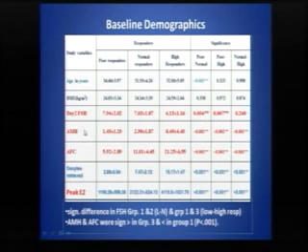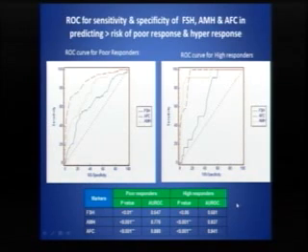The AMH and AFC, both, if you look here, were significantly higher in high responders and significantly lower in the poor responders. So AMH was definitely giving us a better picture of what the response was going to be. And you can see here also the number of oocytes retrieved in the 3 groups was significantly different, and the peak E2 levels, as expected, were high in the high responder group.